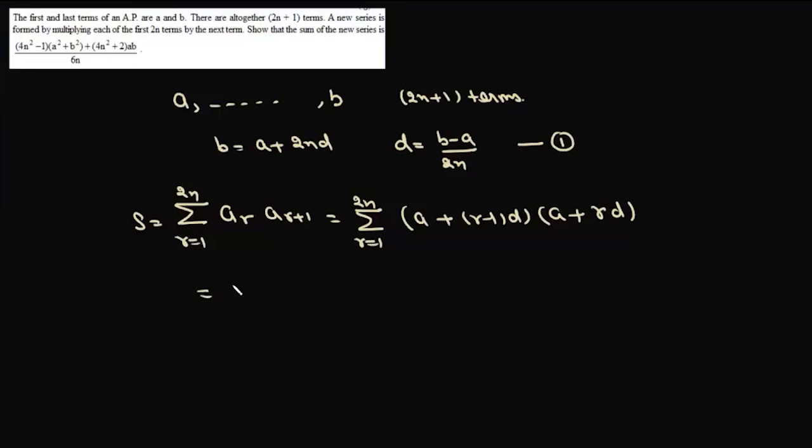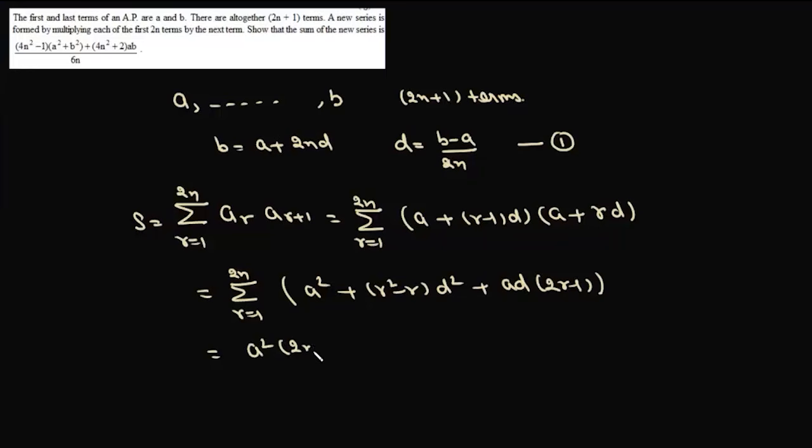Now if we simplify this, we can write this as summation r varies from 1 to 2n, and here will be a square plus (r square minus r) into d square, and then we'll have this ad into (2r minus 1). Now summation a square is nothing but a square into 2n, plus d square, and then summation r square.